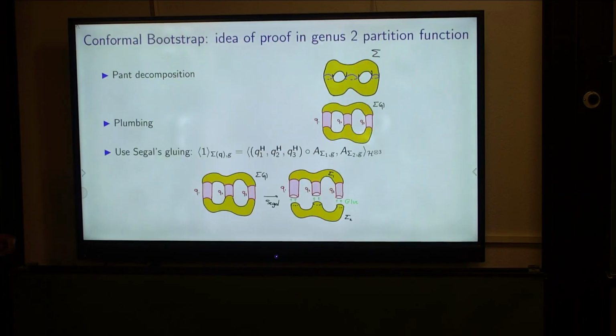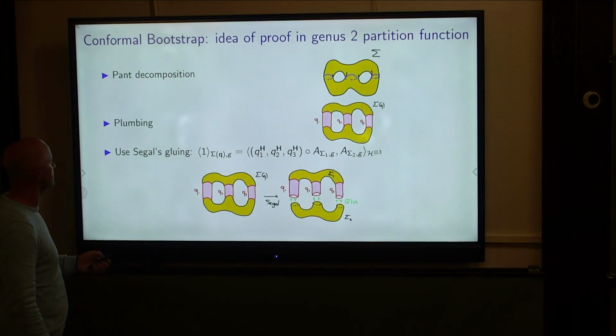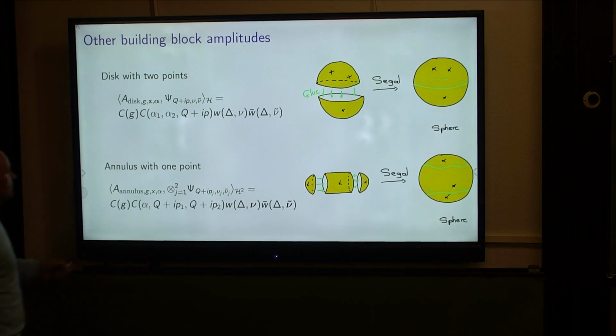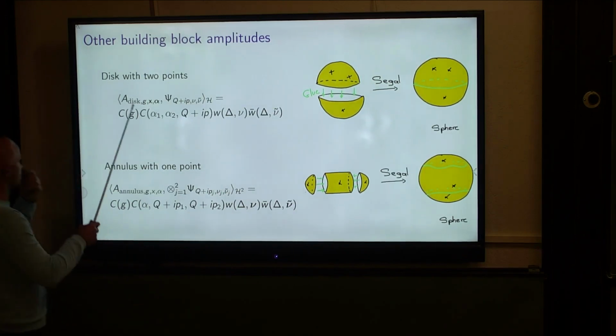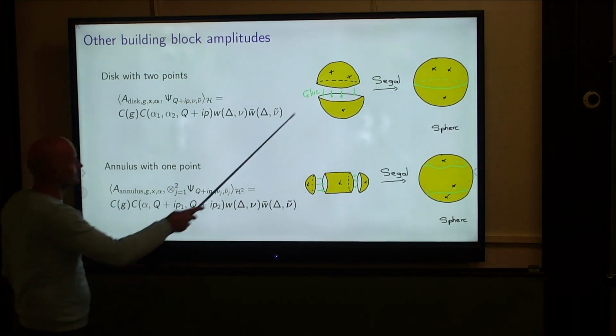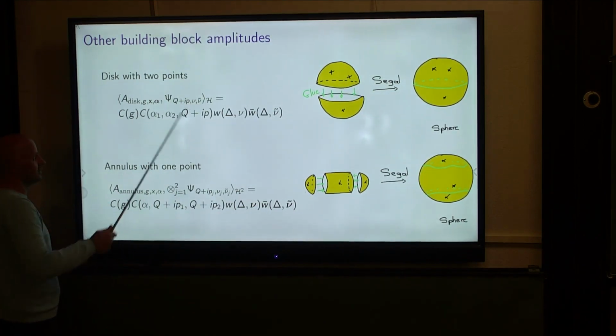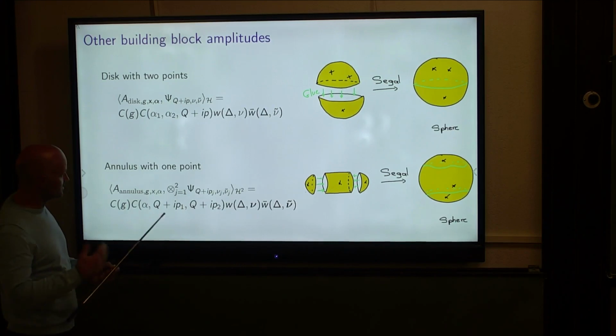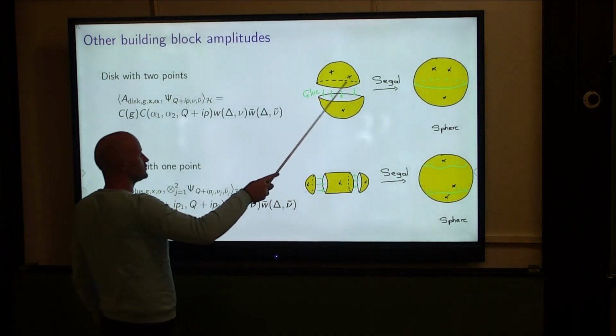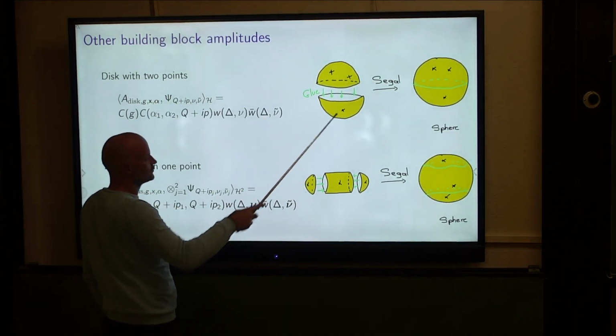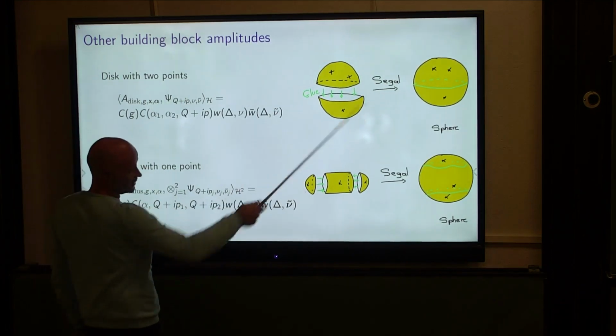Okay, so you have the same story for the disk with 2 points, because when you want to compute the amplitude of the disk with 2 points against an eigenstate, you apply the same strategy. You glue a disk with 2 points with the disk amplitude with 1 marked point, and you get a sphere with 3 points.